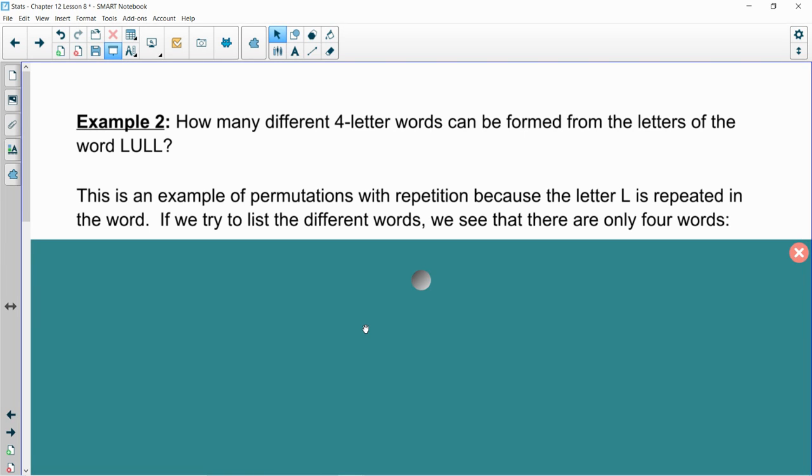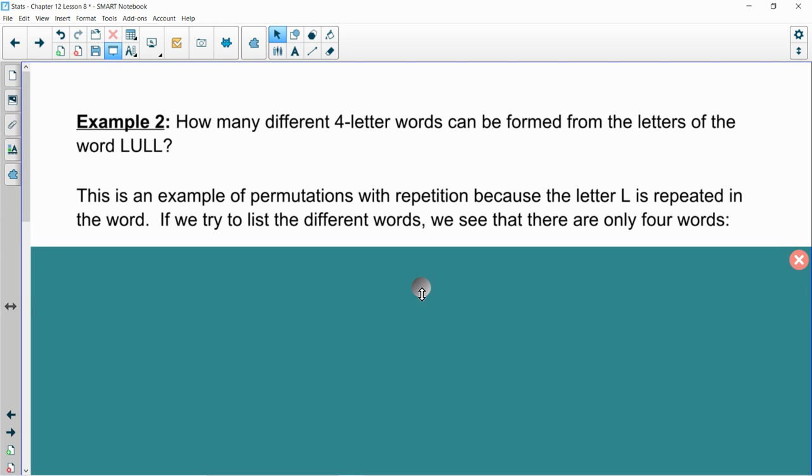If I ask you to list all the different words you can make with the letters in the word lull, you wouldn't get 24 like you do with calm. And the reason why is those 3 L's are exactly the same. Even if we switched them around, if we left the U in that second spot and moved the L's around, it's a different arrangement, but the word's the same. So it's repetition. We don't want to count it twice.